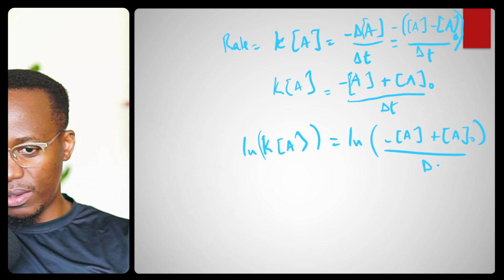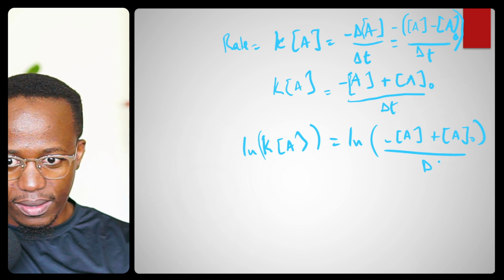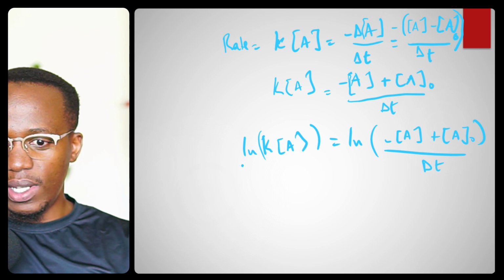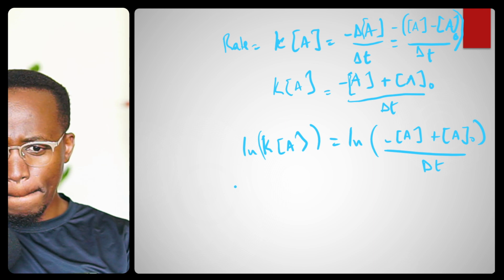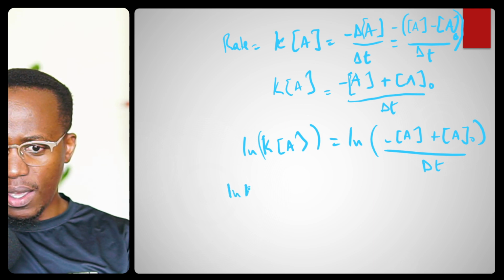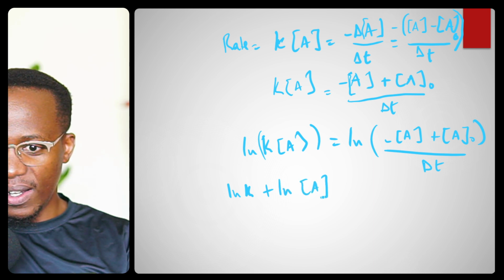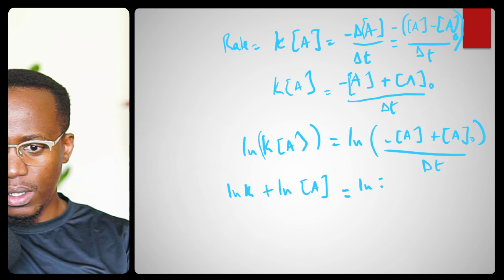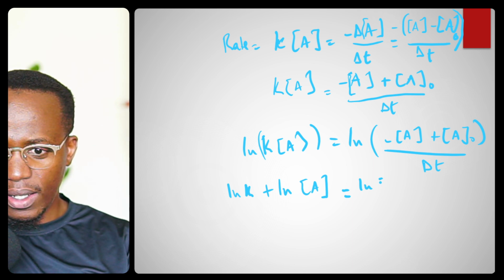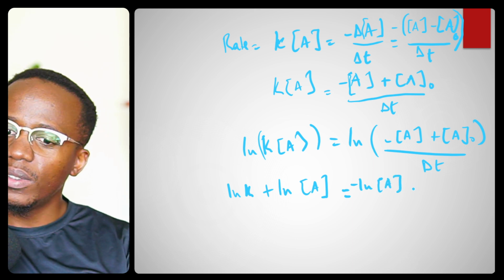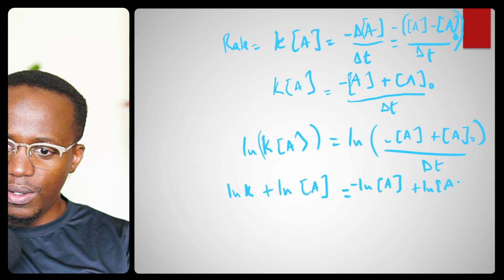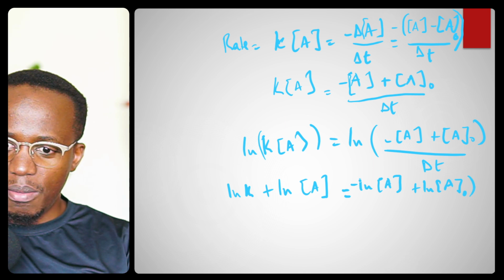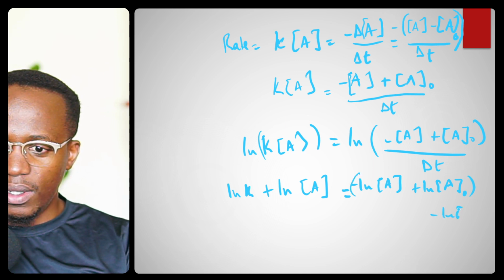And if you know anything about ln, you know that this will be equal to ln of k plus ln of [A], which is equal to ln of negative [A] plus ln of [A]0, and this will be minus ln of Δt.